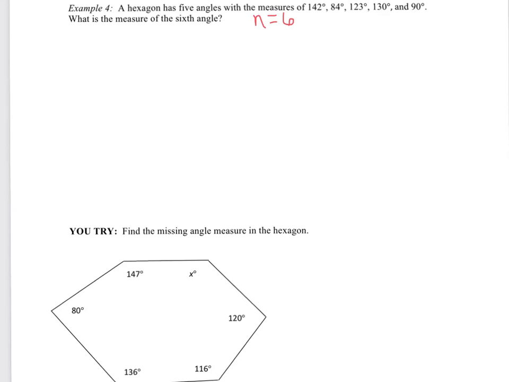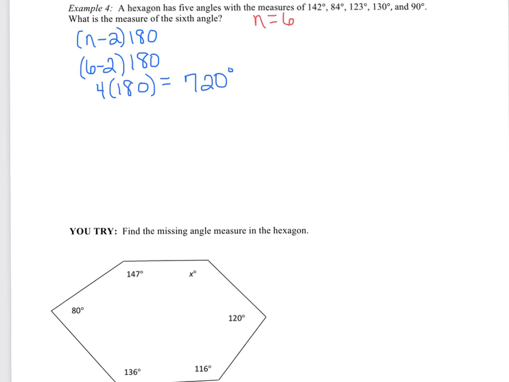And you want to find your total interior angle measurement. So we're going to use our formula, n minus 2 times 180. Our n is equal to 6, so 6 minus 2 times 180. 6 minus 2 is 4, and 4 times 180 is going to give us 720 degrees.